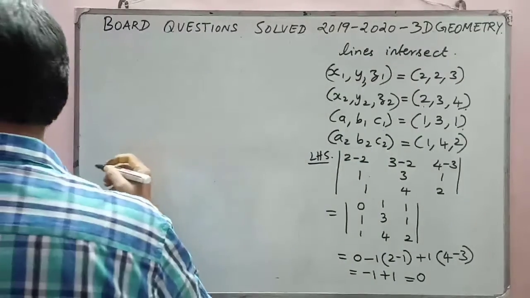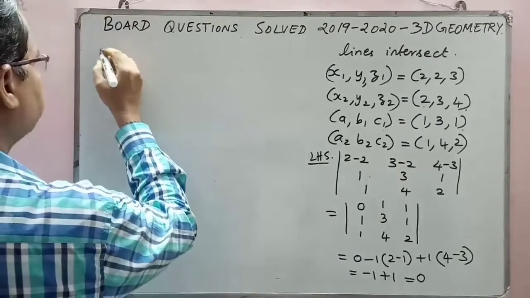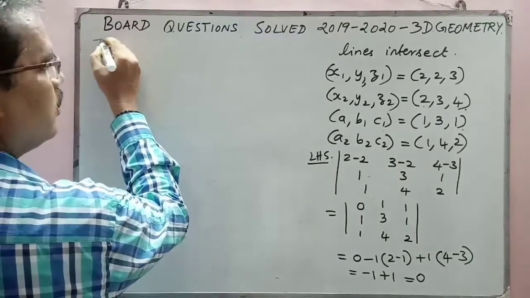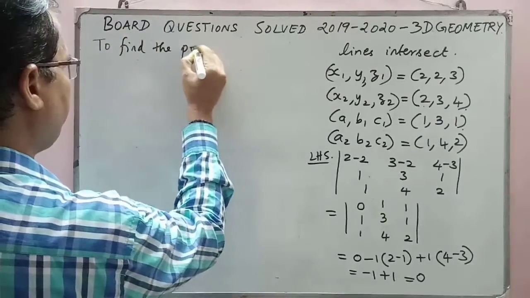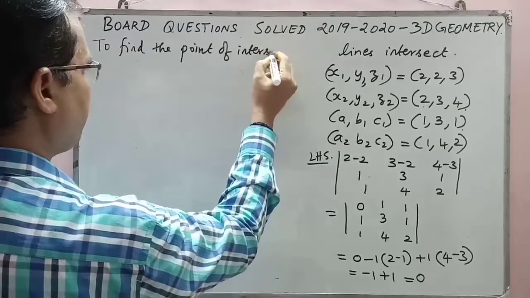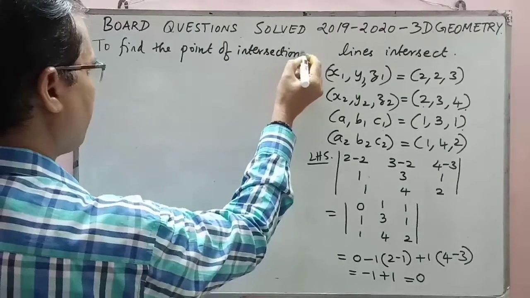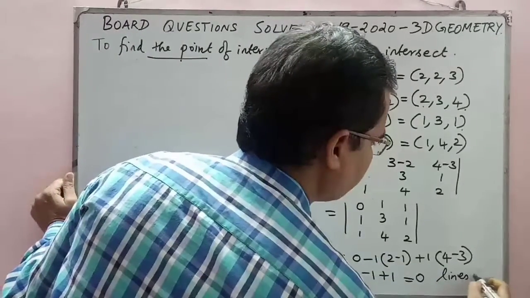The second part says you have to find the point of intersection. First we have written the lines intersect.